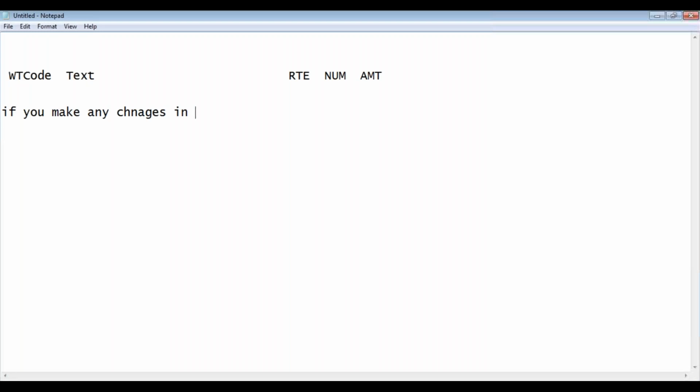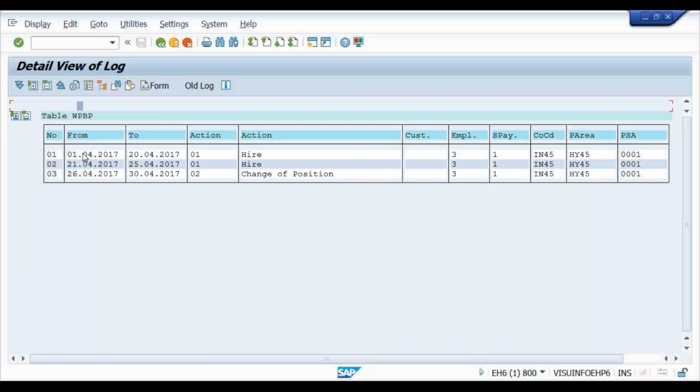in info types 0, 1, 7, 8, and 27. If you make any changes to these info types with a date in the middle of the pay period, that would lead to the split in WPVP.